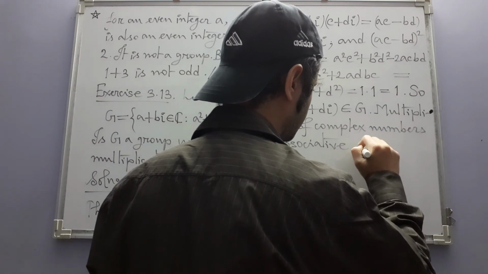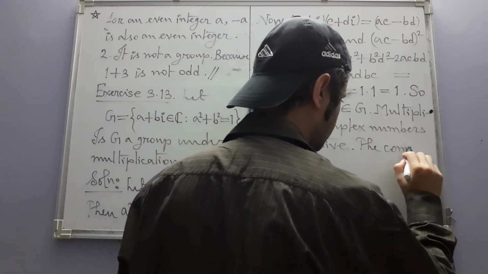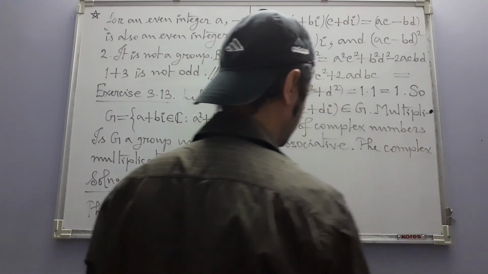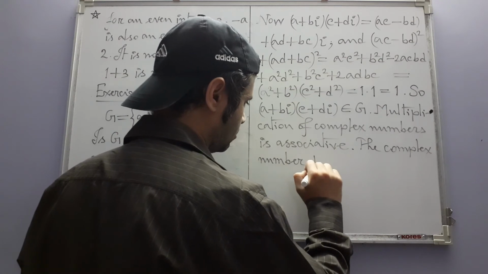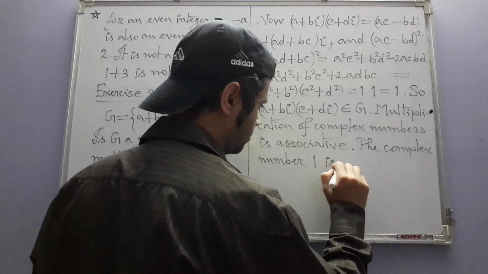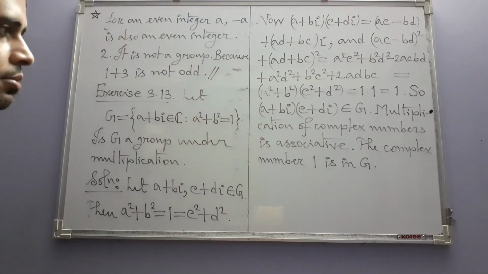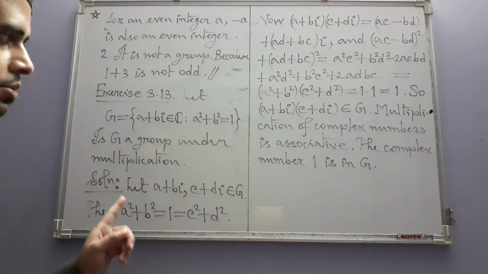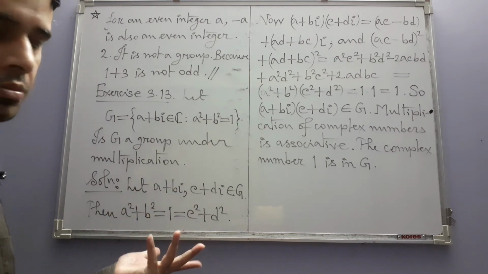Then the multiplicative identity, the complex number 1, is in G. Why? Because 1 is 1 plus i0 and 1 square plus 0 square is 1.